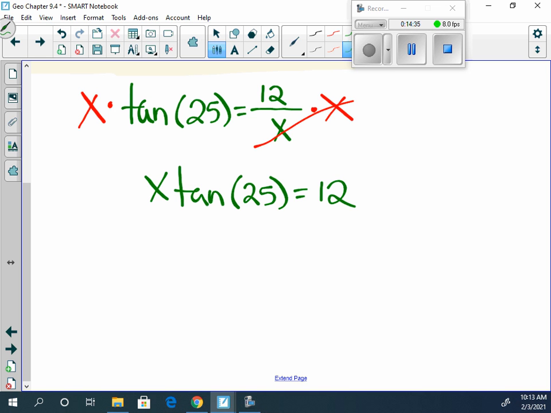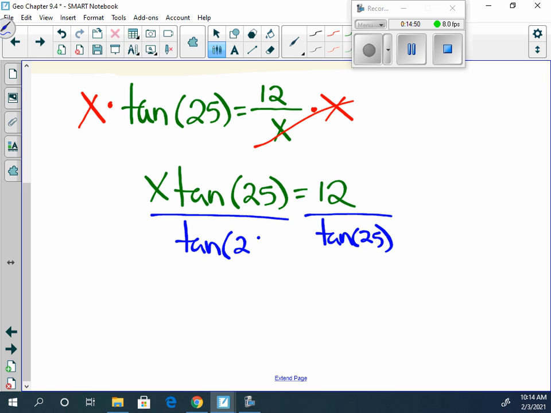Now what? Yeah, we would divide both sides by tangent of 25, because those will cancel, leaving us with what?